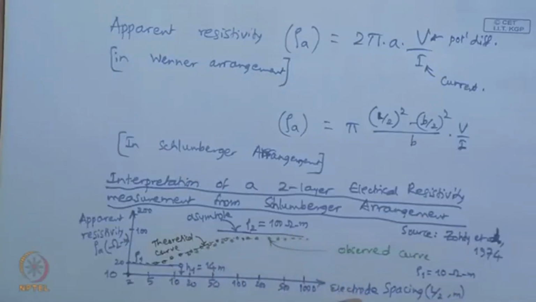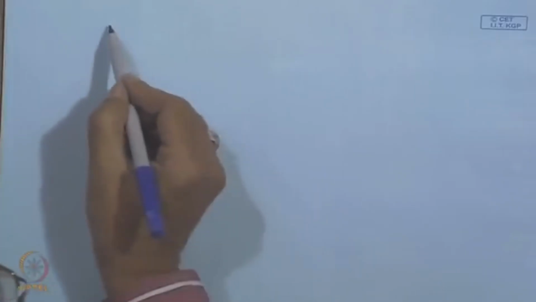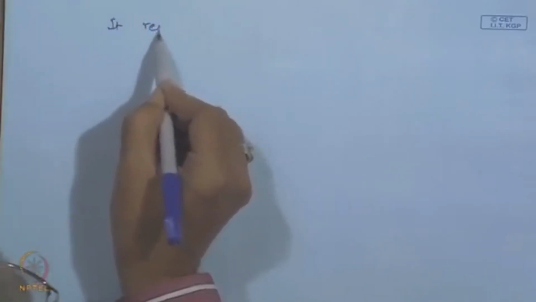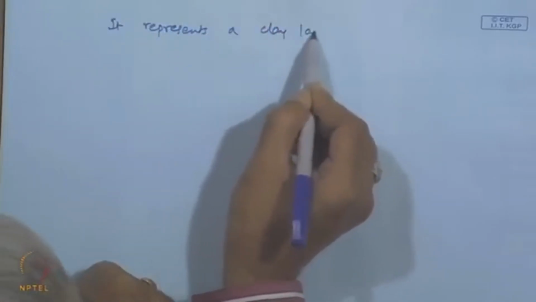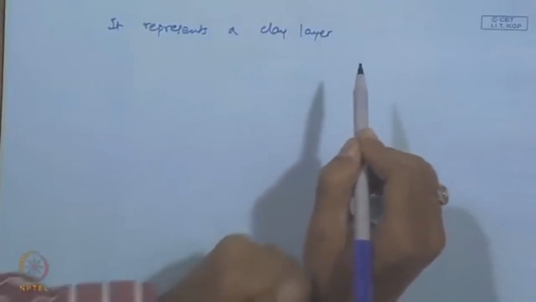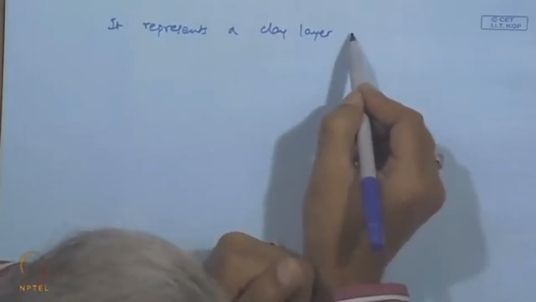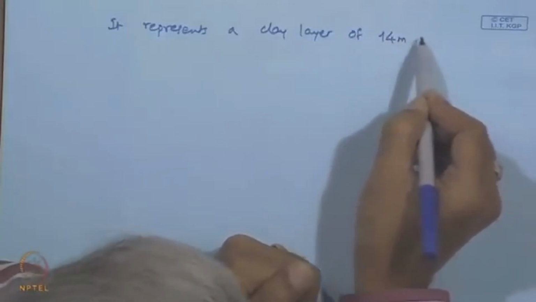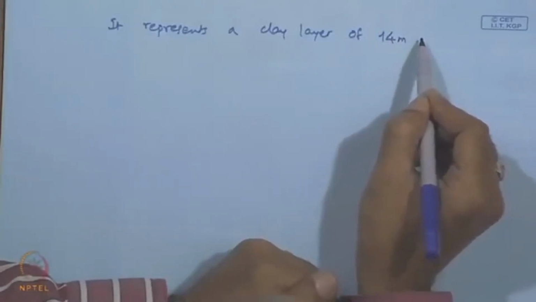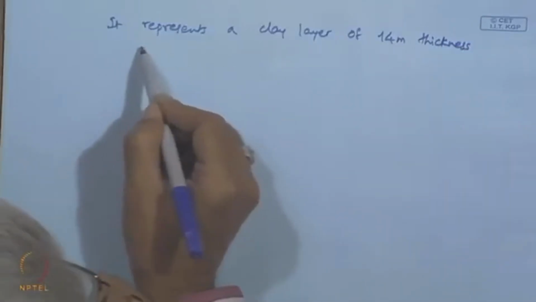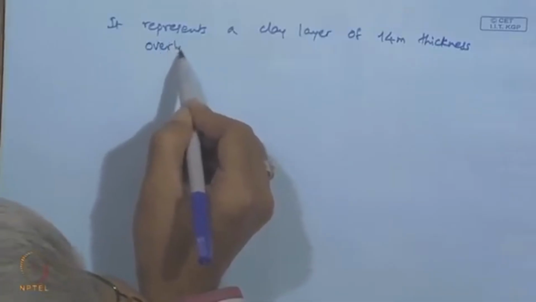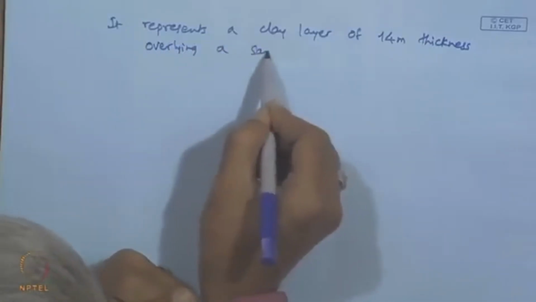Essentially this represents a clay layer of 14 meter thickness, overlying a sandy aquifer.